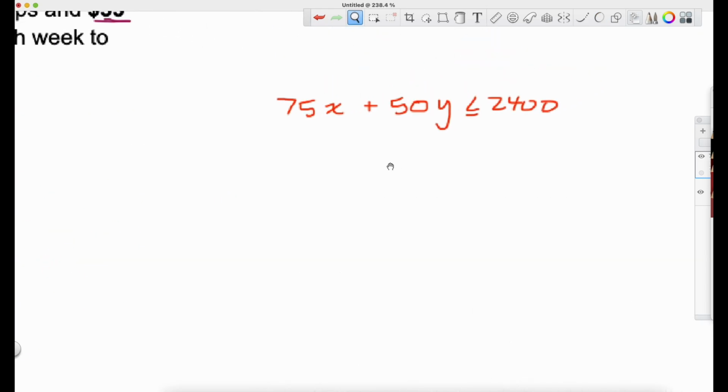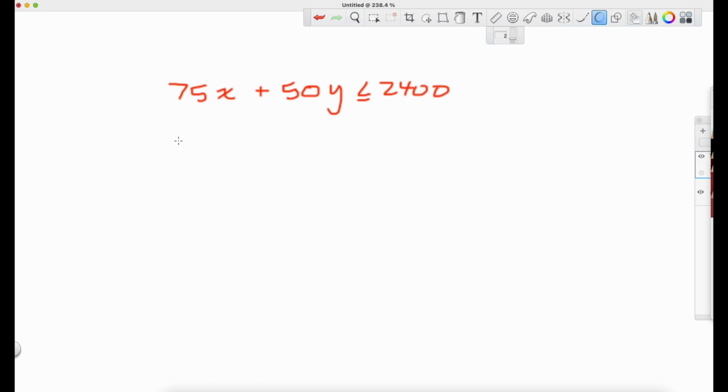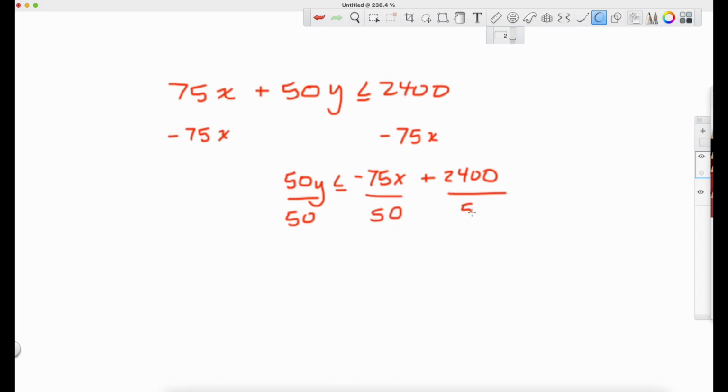Let's zoom in on this now. Let's solve for y. So y is less than or equal to 75 over 50. I can divide out 25 top and bottom, that's going to be negative 3 over 2x, plus 2400.